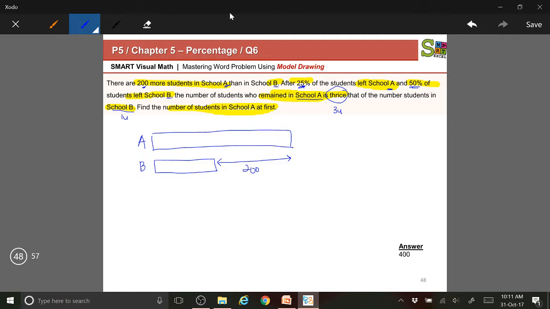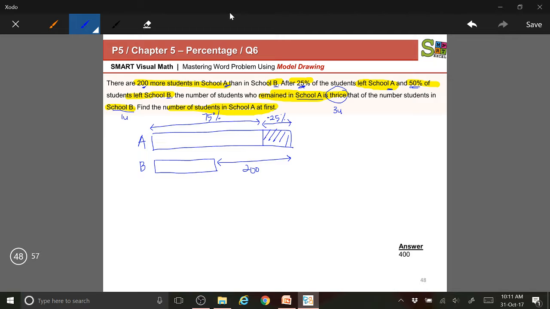So it's going to be somewhere here that's left for your A, 25%. When this is 25% that's left, we know that from here to here is 75%. This is something we just bear in mind.